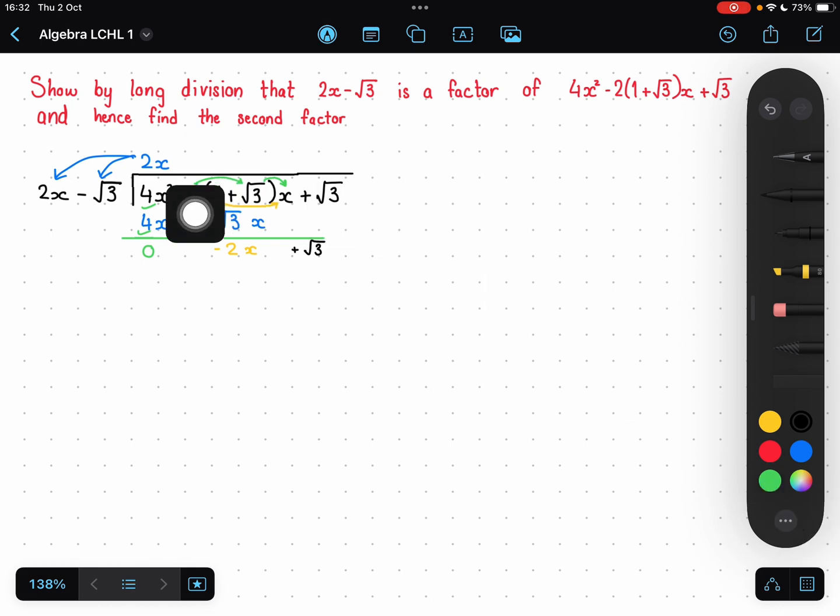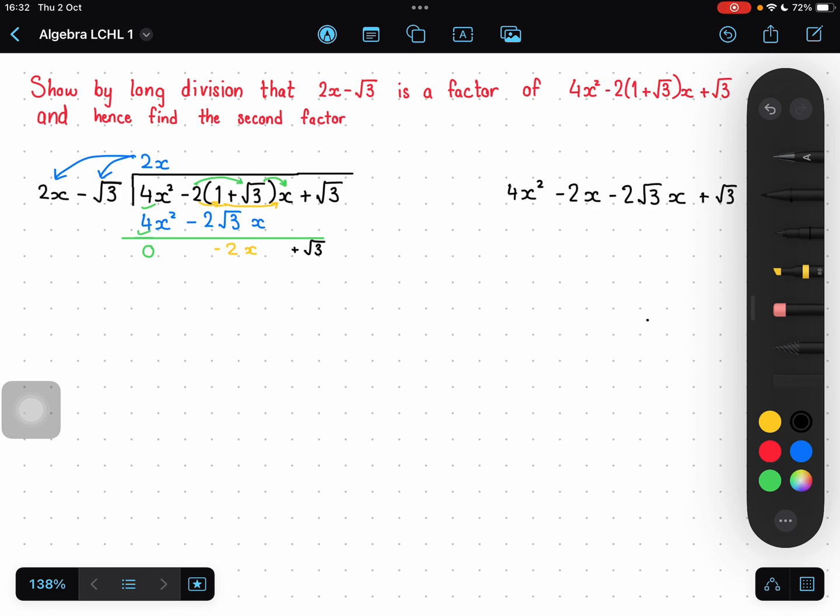If I didn't really get how to use this bracket here, I could start by just expanding it out. If I didn't spot that, then if I expanded it out, I would have minus 2x minus 2 square root 3x. And then at the very end of the line, I would have my plus square root 3.